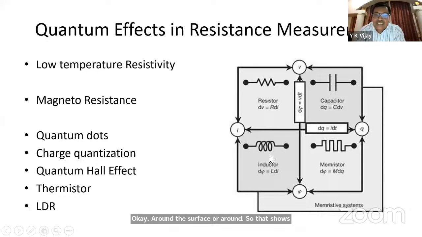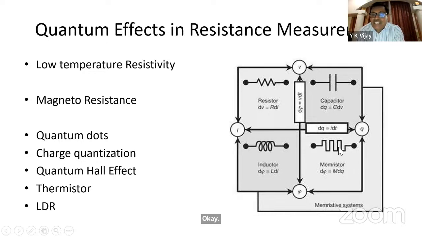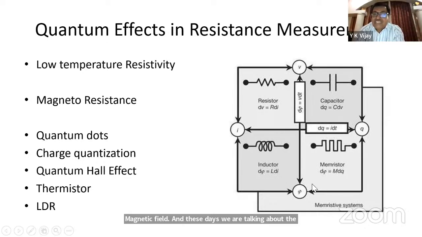And the inductance comes where the magnetic flux is involved. When the current flows, the magnetic field is around. So there are several effects due to the magnetic field. And these days we are talking about memristors, where the flux and the charge are connected.